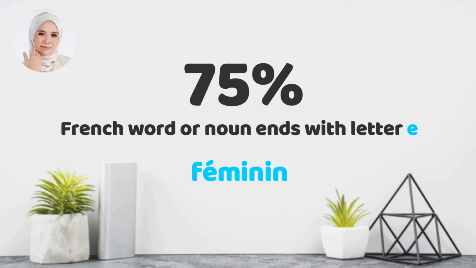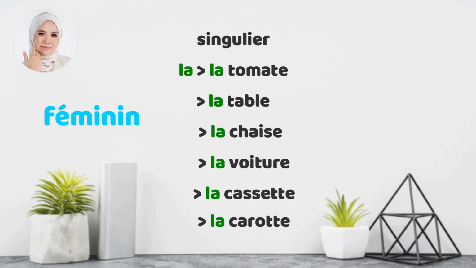Let me give you a few examples of le and la words, starting with la first. You have la tomate, the tomato; la table, the table; la chaise, the chair; la voiture, the car; la cassette, the cassette; la carotte, the carrot.